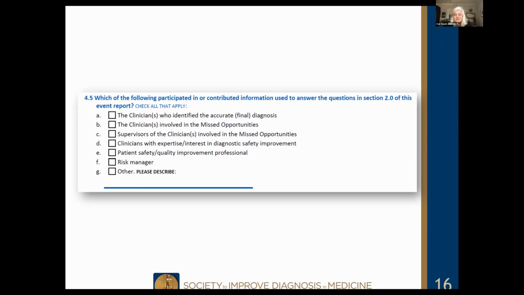But I have a feeling that's not going to be possible. Who reports? Who's using this form? And then finally, is this like a star rating, or what happens with the information, and how does it drive change and improvement?